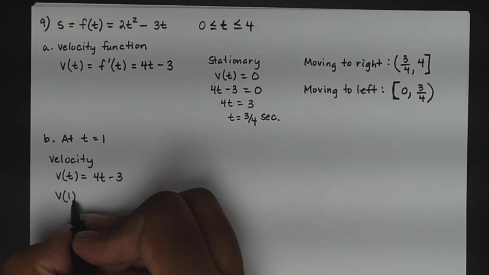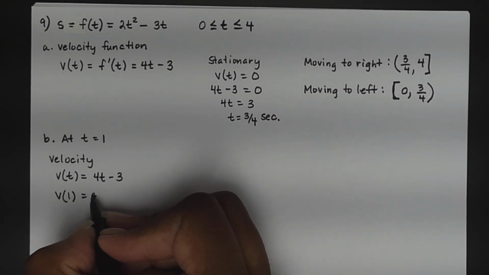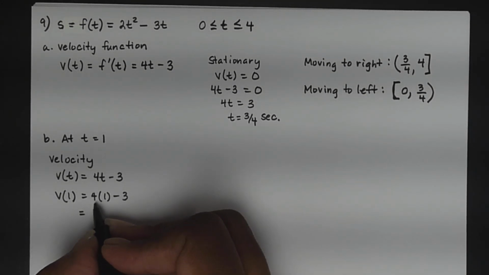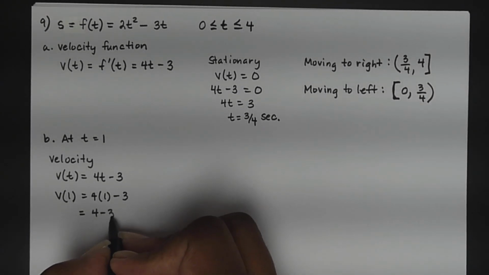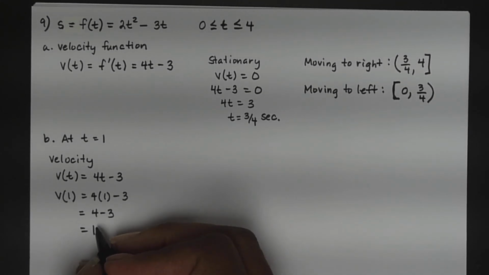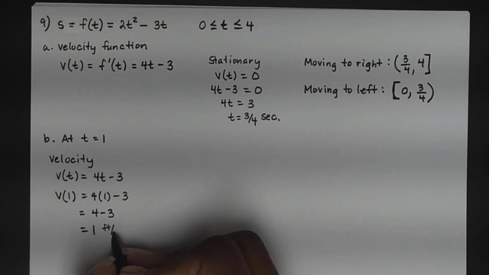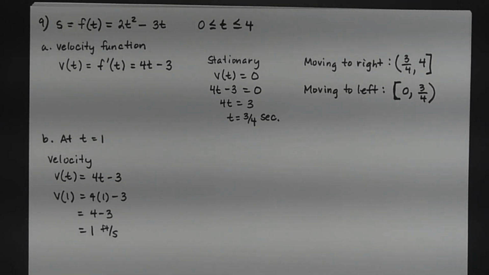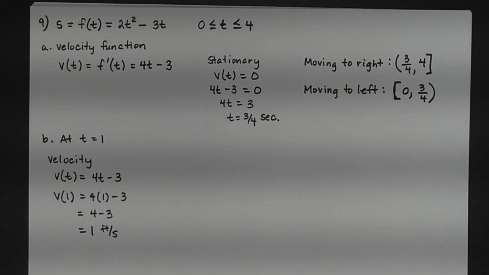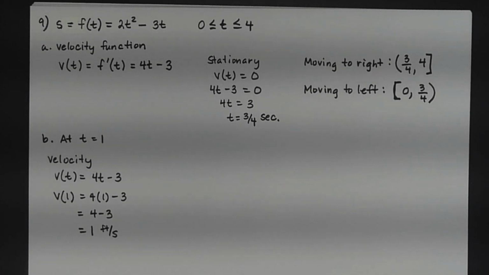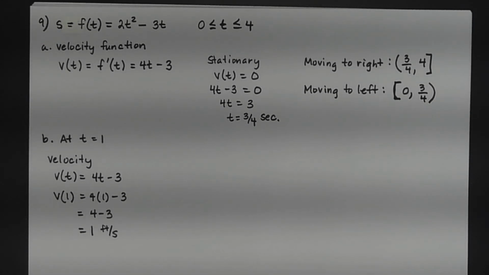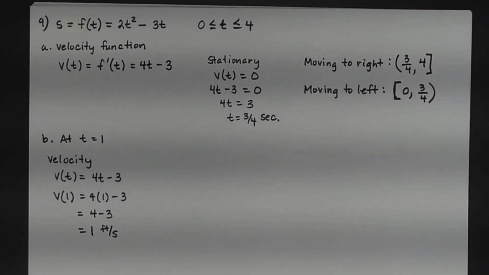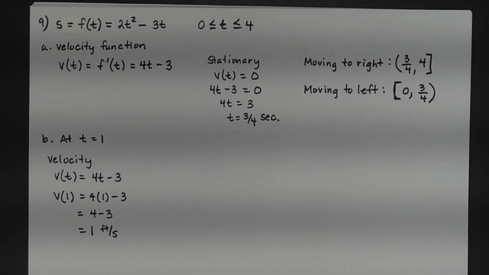So at t equal to 1, v of 1 would be 4 times 1 minus 3. 4 times 1 would be 4. 4 minus 3 will be 1. And this will be in feet per second, since our units are in feet and the time is in seconds. So at time equaling 1, the velocity of that object will be 1 foot per second.